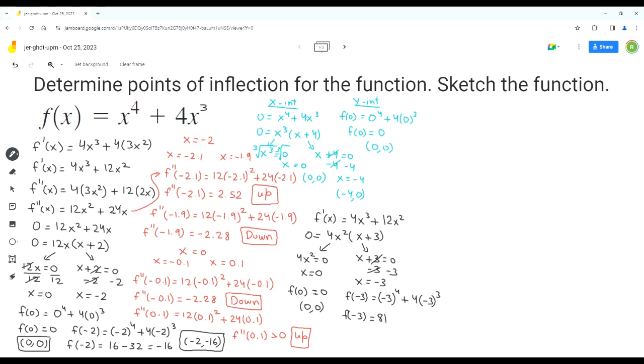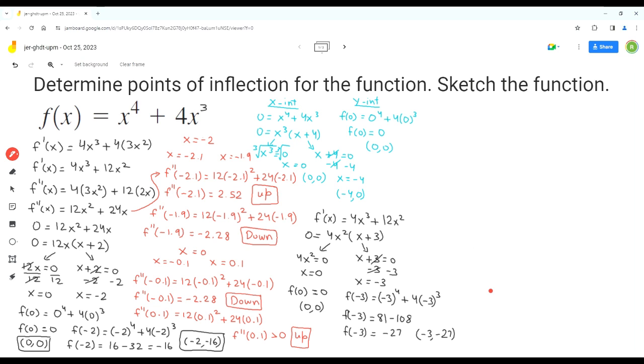Now 4 times -3 cubed is equal to -108. So now we can subtract these numbers. So I get -27. So the second critical point is (-3, -27).